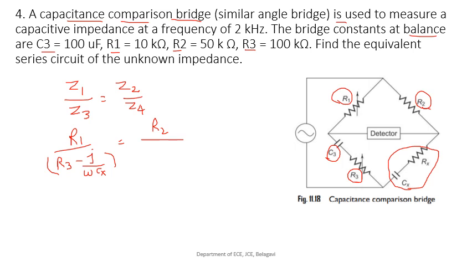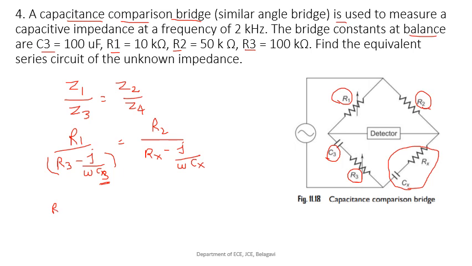So you will write Rx minus j divided by omega Cx. I think here it will be C3, so it will be R3 minus j divided by omega C3 here. Then what we have to do is write this term on this side, so we cross multiply.